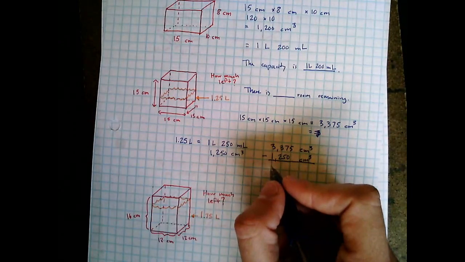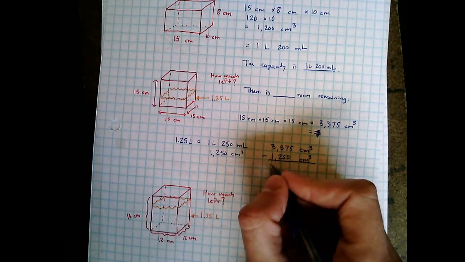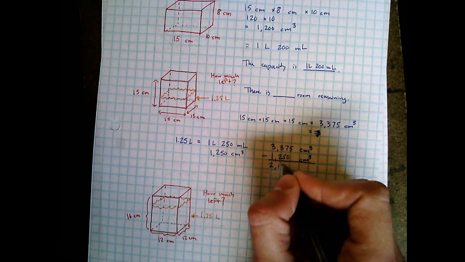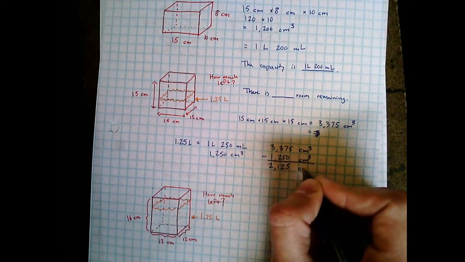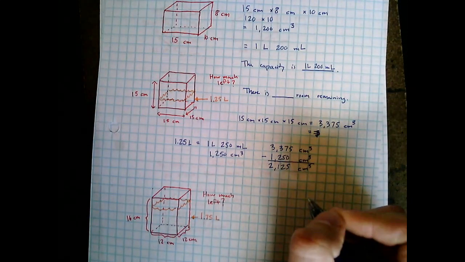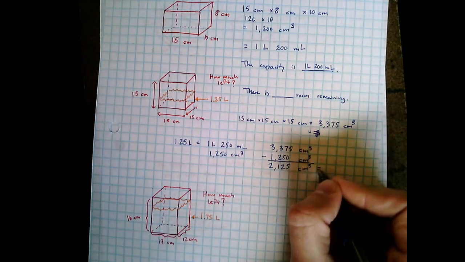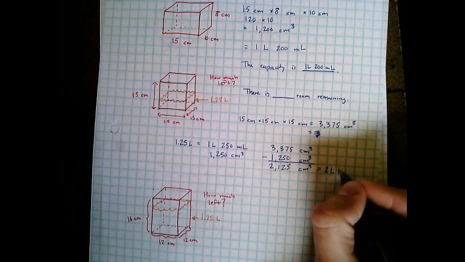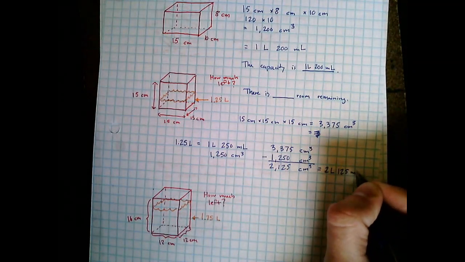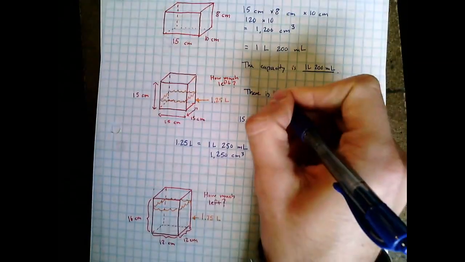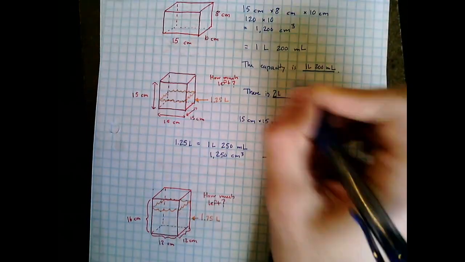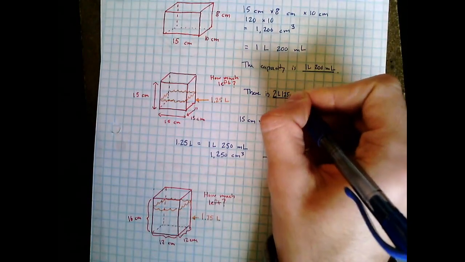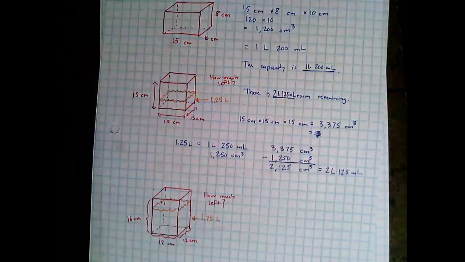That is going to be 2,125 centimeters cubed. Or, if I convert that back into liters, that's 2 full liters and 125 milliliters. And there's my answer. 2 liters, 125 milliliters. Oops, didn't give myself enough space on the blank there.